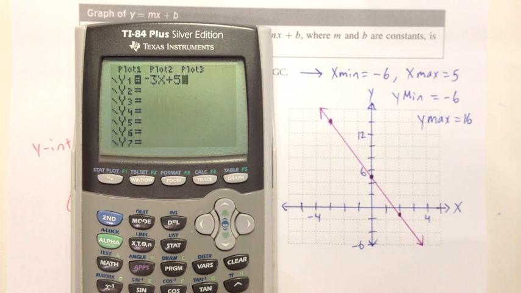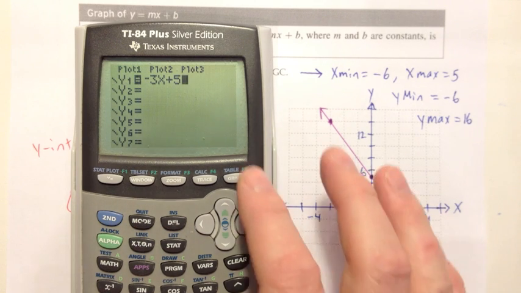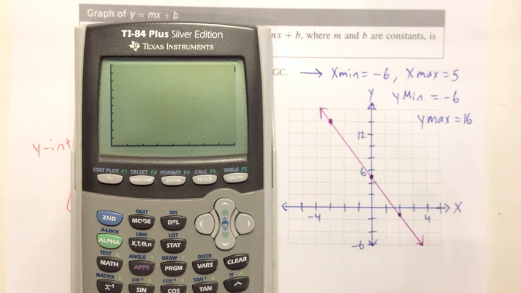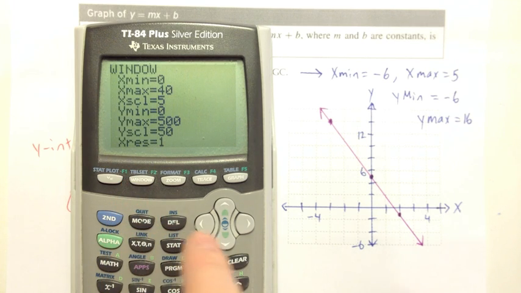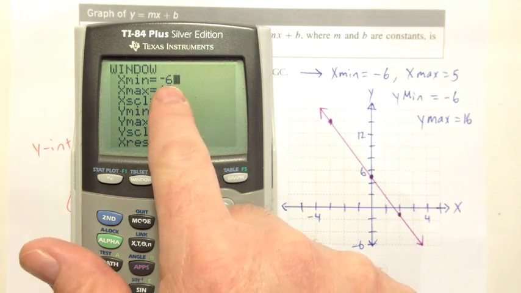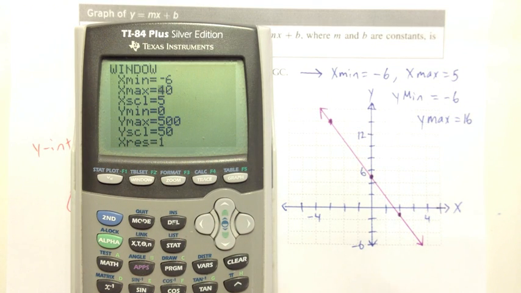So I've entered in my equation, and I could graph that, but if I do, who knows if I'll even see it. Yeah, my window isn't set up right to see that graph. So what I want to do is make sure the window is right. So the window button is right here, and I want my x min to be negative 6. Again, make sure you use the negative key and not a subtract key. And the x max is 5. And the scale, we went 1, 2, 3, 4, so we were numbering in ones there.